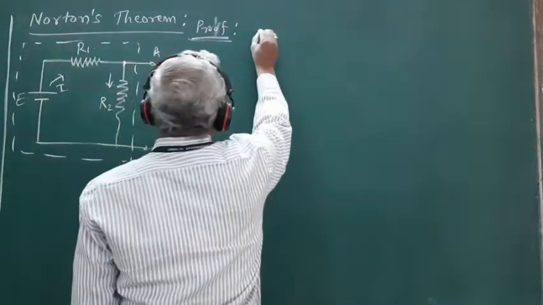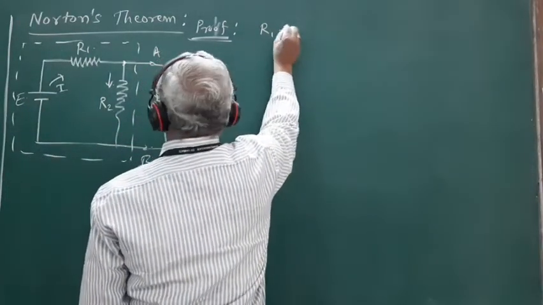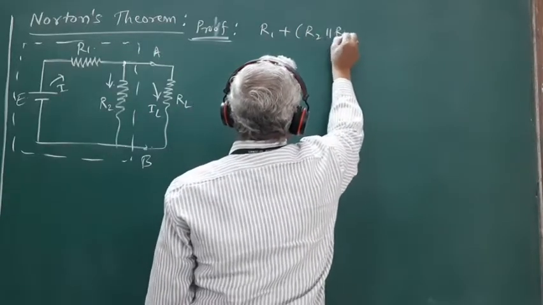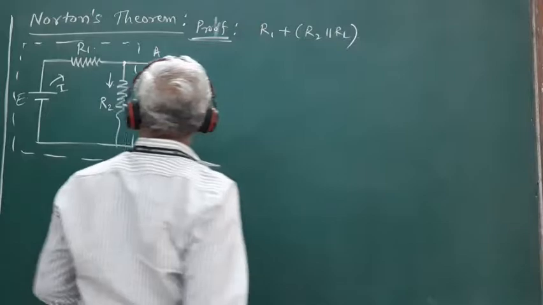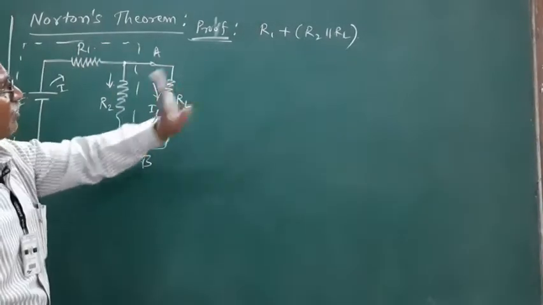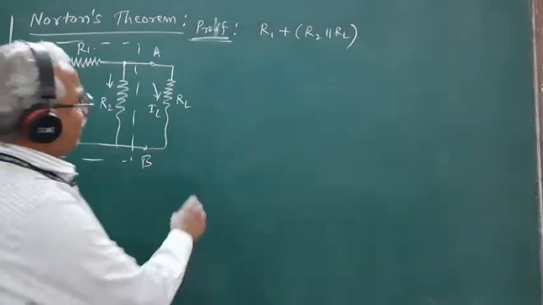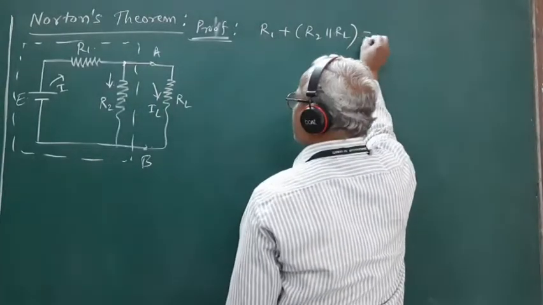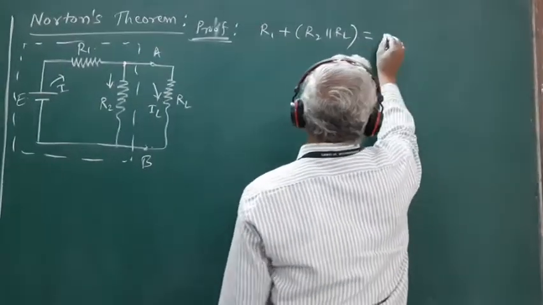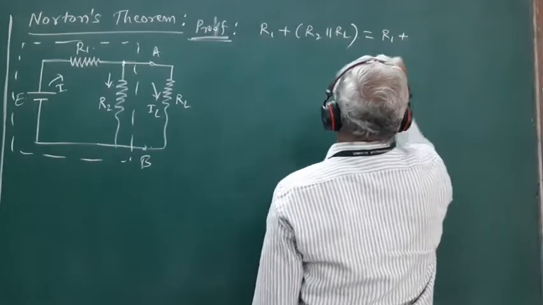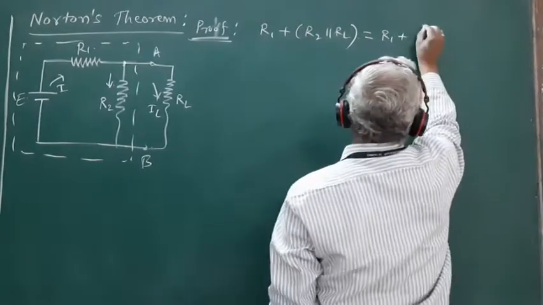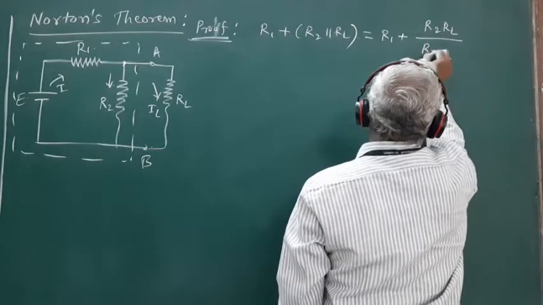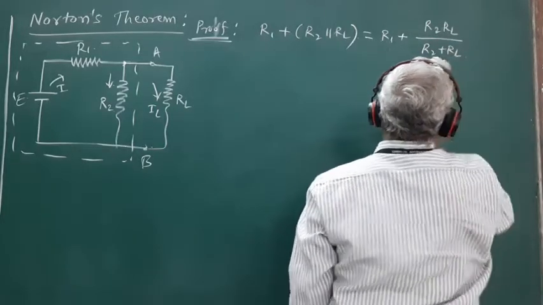The total resistance of the circuit is R1 plus R2 parallel RL.